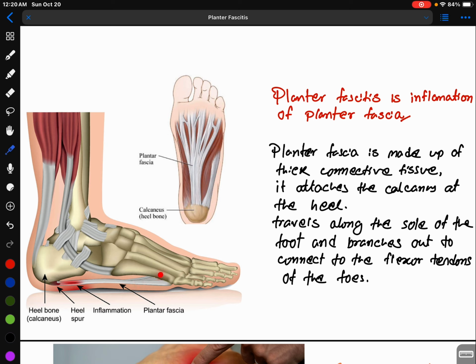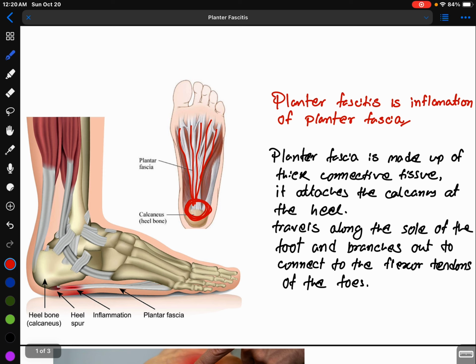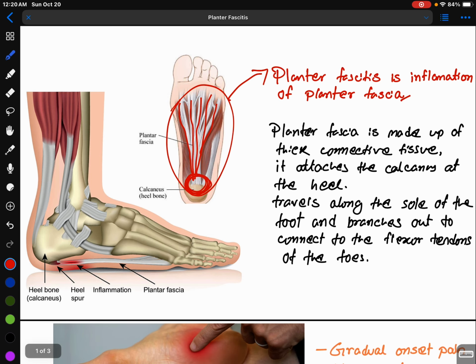Here it attaches to the calcaneus at the heel, then branches out to connect the flexor tendons of the toes. Inflammation in this structure produces plantar fasciitis.